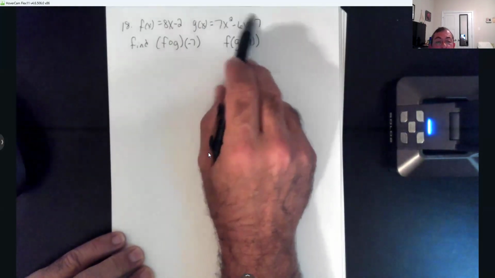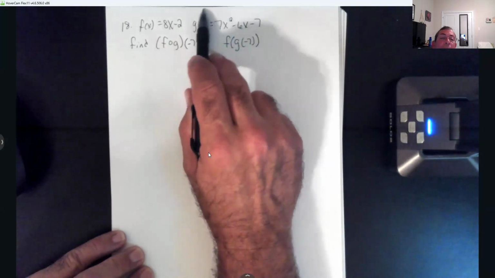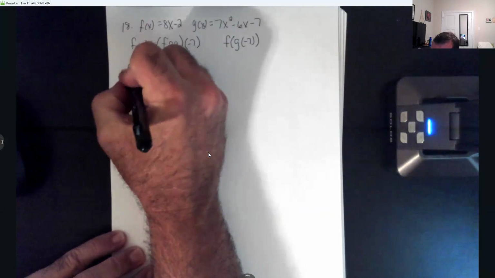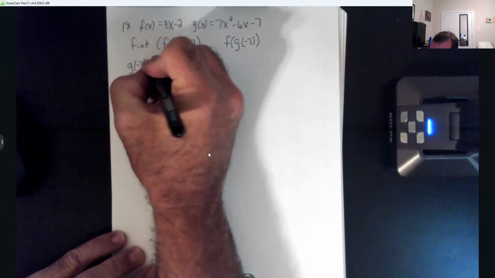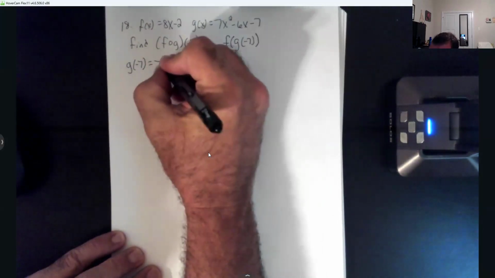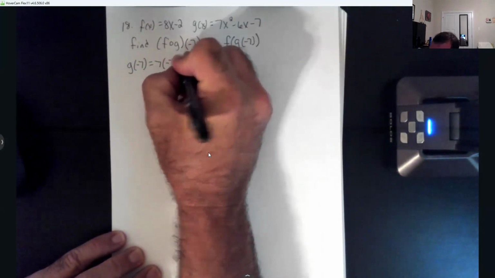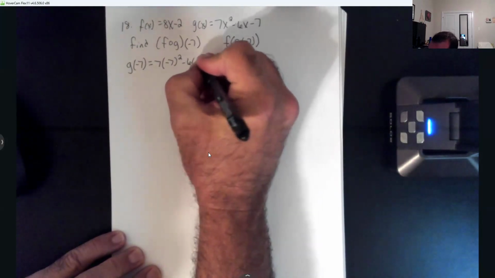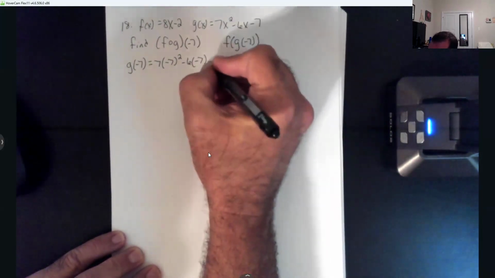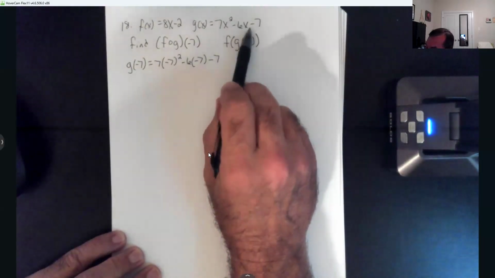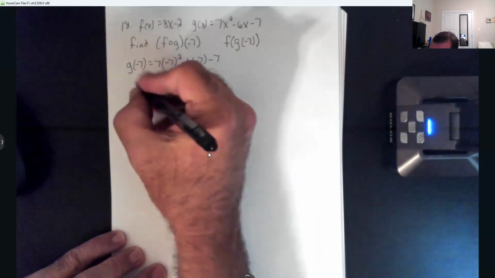Once we figure out what G of -7 is, we'll put that answer into the F. So first, G of -7. So that's going to be 7 times -7 squared minus 6 times -7. And then at the end, -7. So I put my -7 in for these two x's.